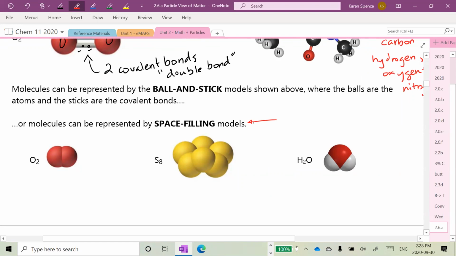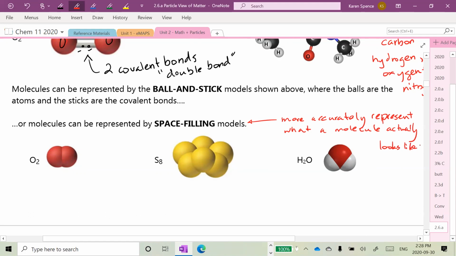So, space-filling models more accurately represent what a molecule actually looks like.